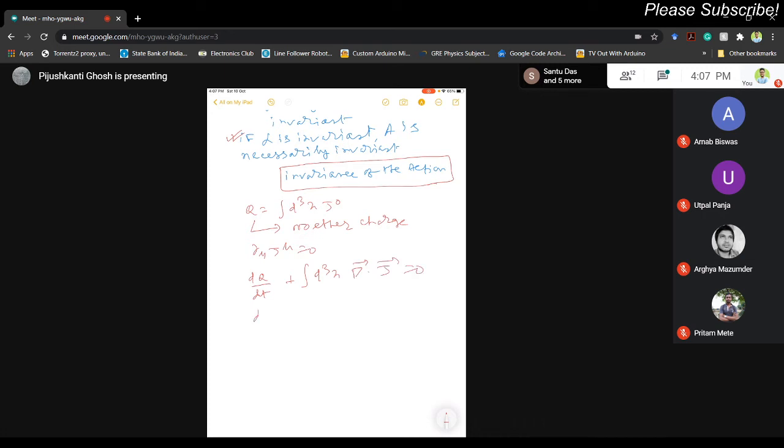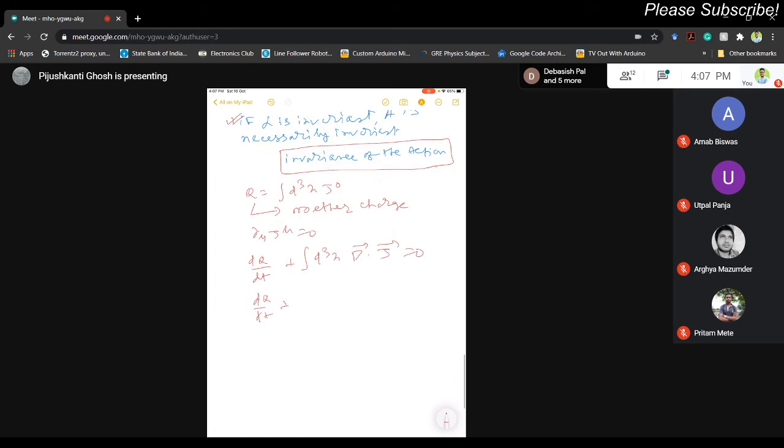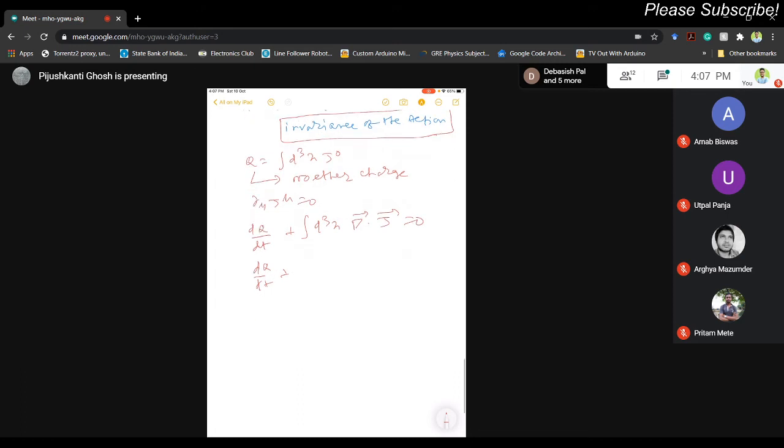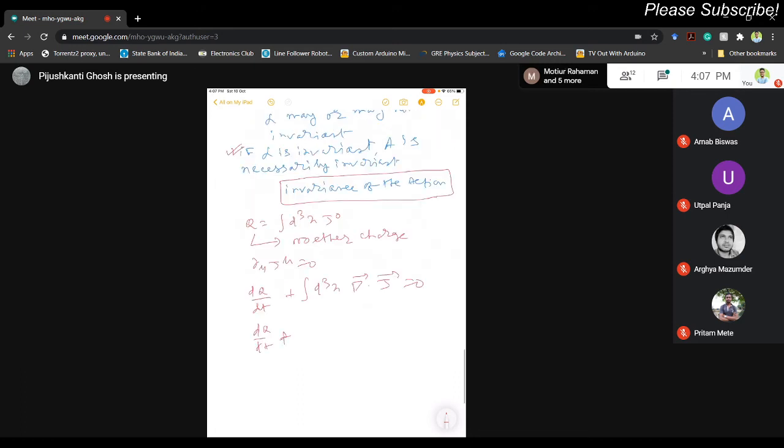Now the standard argument: this is the Gauss theorem, the divergence theorem. If I apply it, the integral of divergence j dV goes to the surface integral of j dot dS, and we get that the surface integral of j dot dS is equal to 0. Now we assume that fields are well behaved.